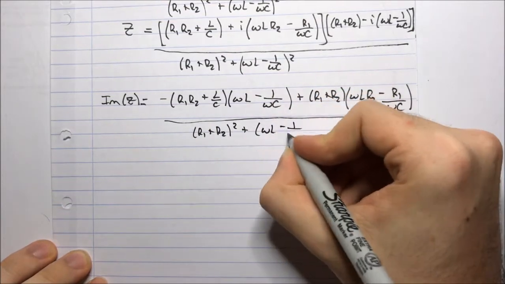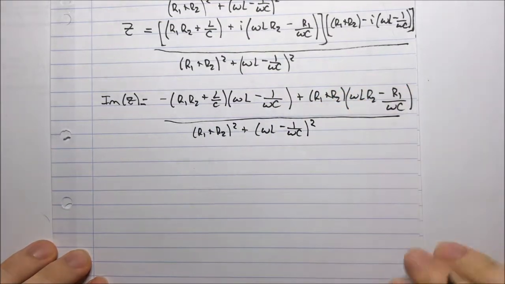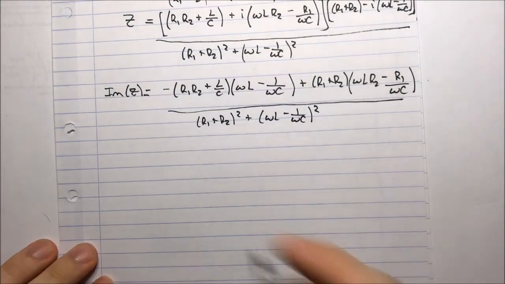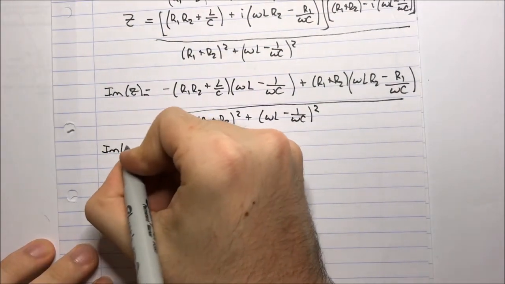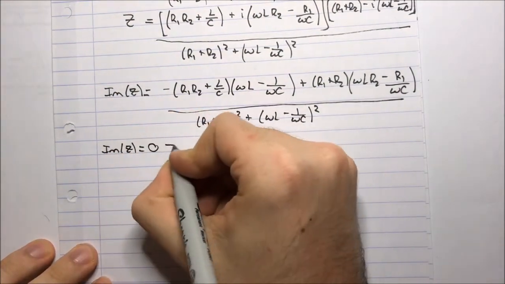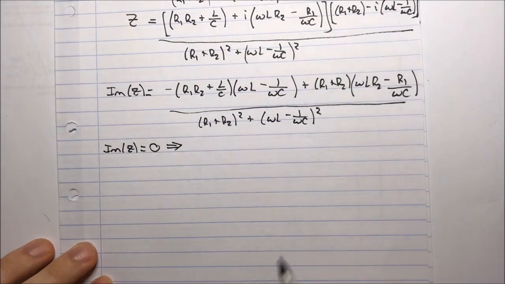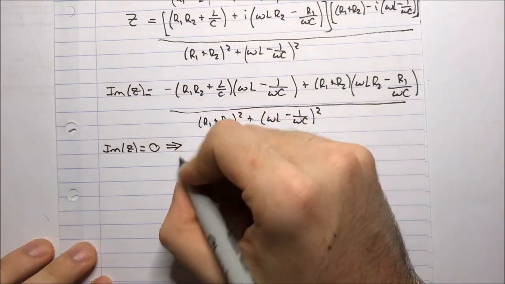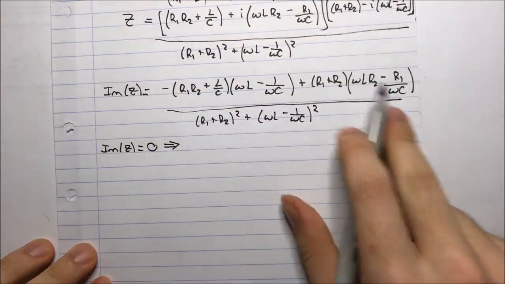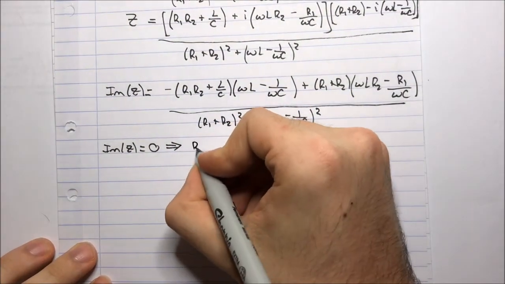Okay, and we want the imaginary part of z to be 0. So for the imaginary part of z to equal 0, then really I only need to consider the numerator of this fraction. So let's consider the numerator. I'm going to write this term first, so I can have a positive term first.